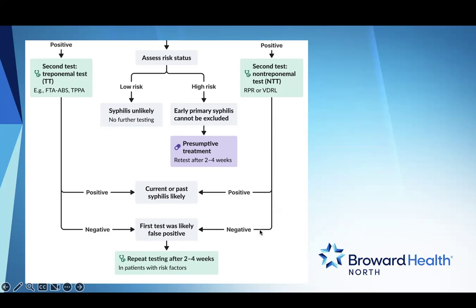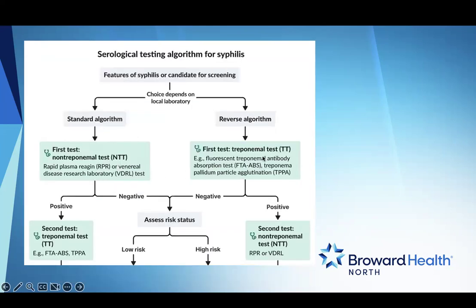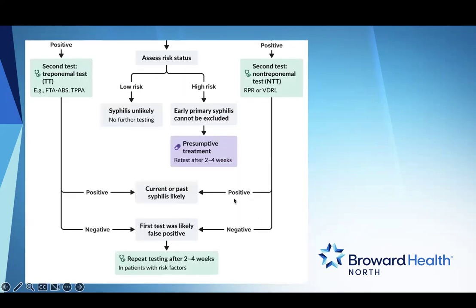If any of these tests at the beginning, no matter which you start with, come back negative, you don't ignore it either. You have to assess the risk status of this patient. Is this patient high risk or low risk? You assess it based on what the patient told you about their sexual practices, their exposure, everything. If the patient is low risk, syphilis is unlikely, so we might follow up like a regular primary care visit, maybe a yearly STD panel.